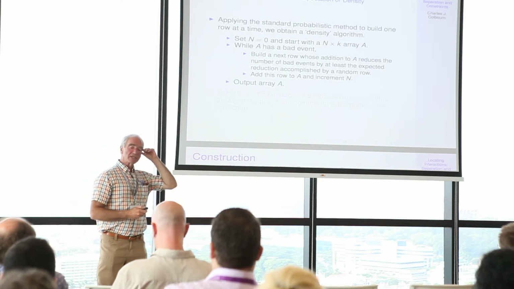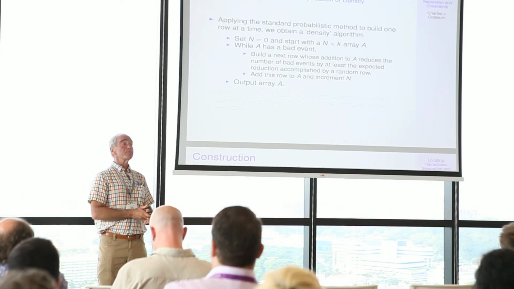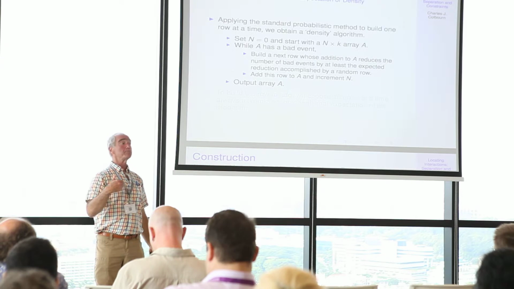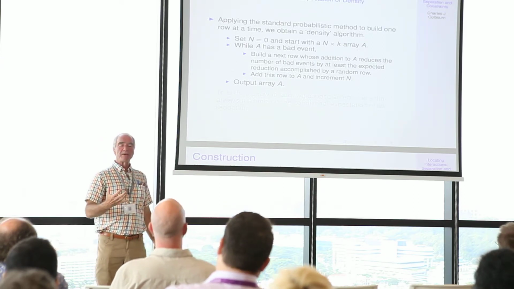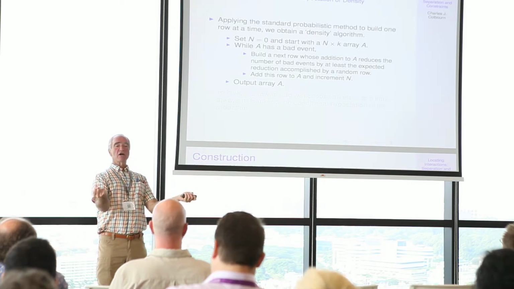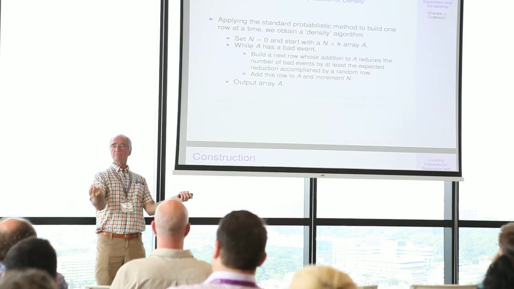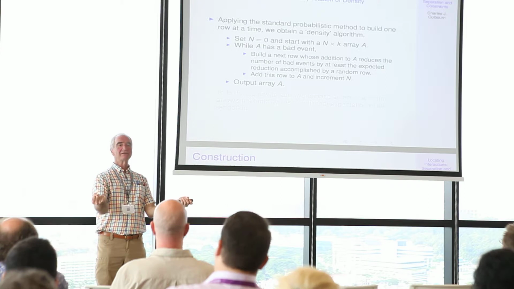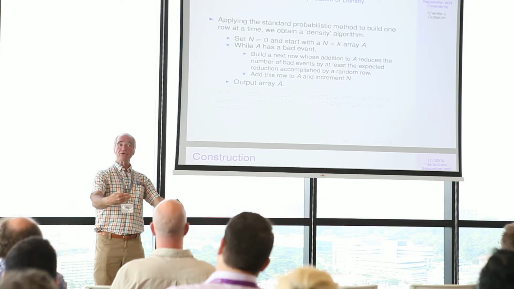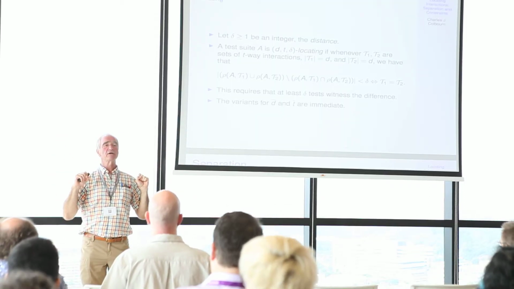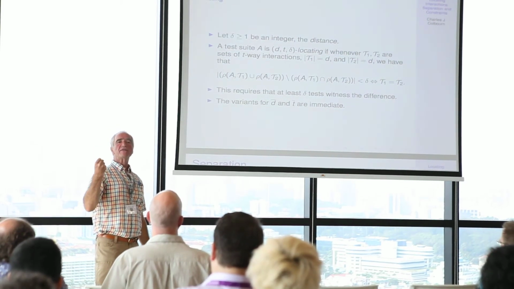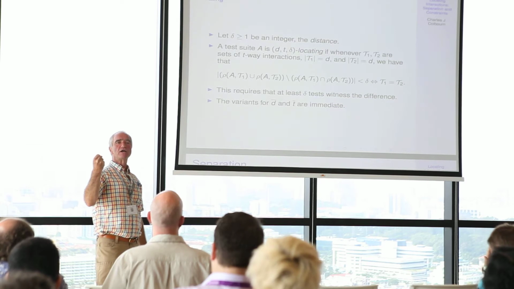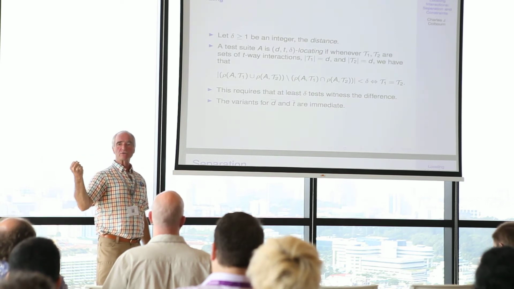The standard probabilistic method actually gives you another sort of approach that builds one row at a time. I'm not going to say too much about this, but the basic idea is that I start off with an array that has no rows at all, and lots of bad events. I start building here and there. I want them to be different, and what this definition says is that I want them to differ in at least delta rows.